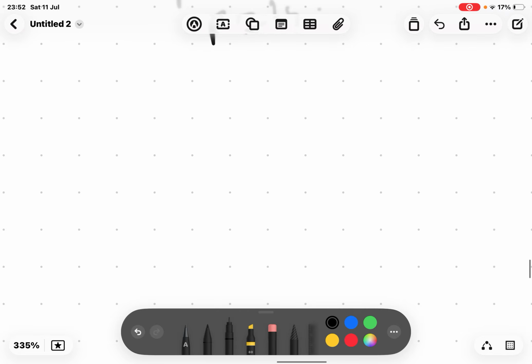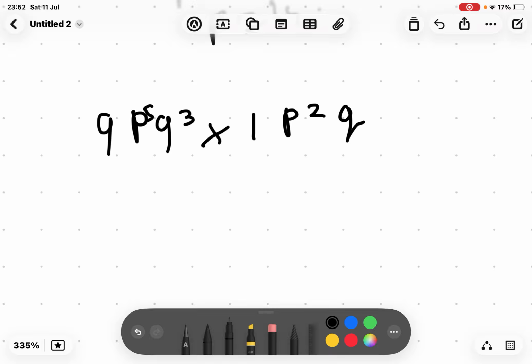Look. 9p cubed times 1p 2q minus 4. Okay, so this times this is 9.